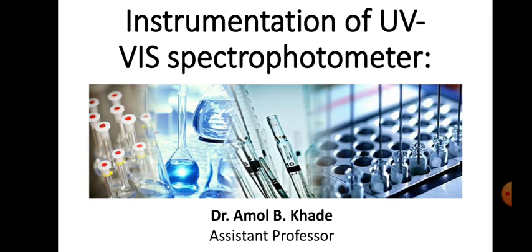If you have not watched that video, the link is given on the top of this video, so do watch that. In today's session we will be discussing the remaining parts of this instrument.